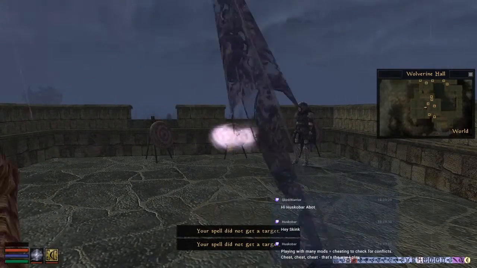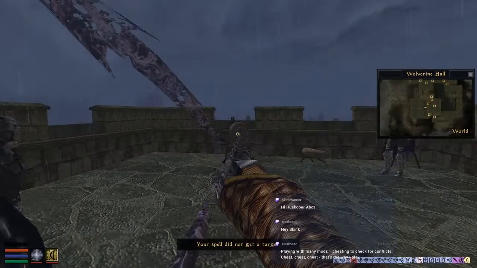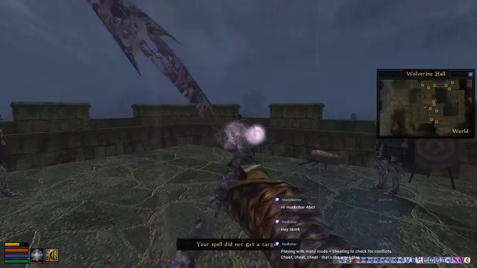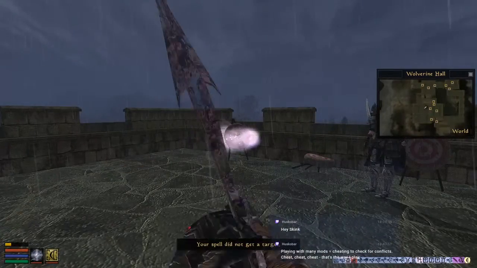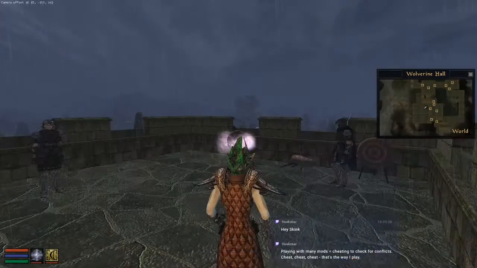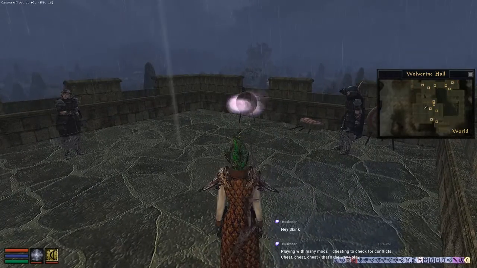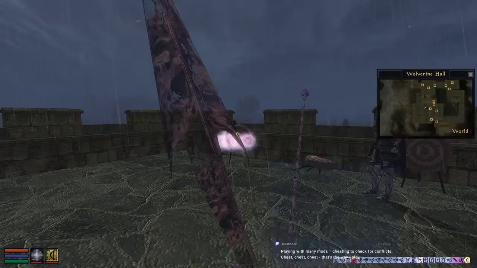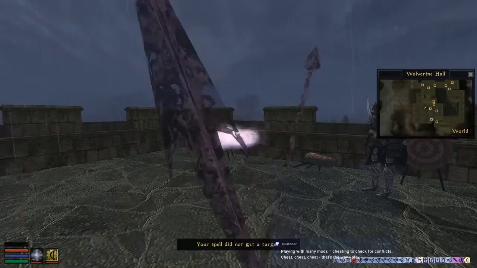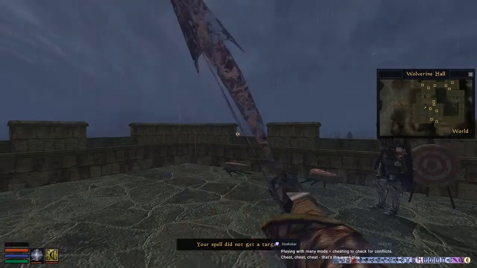And I have my bound bow enchanted with soul trap arrows. And this is actually nice, because you can see the target very well.